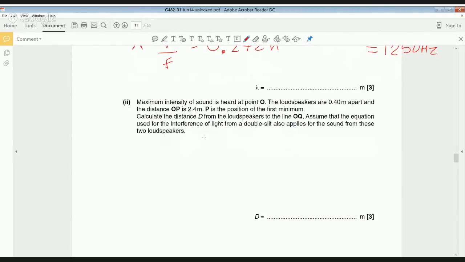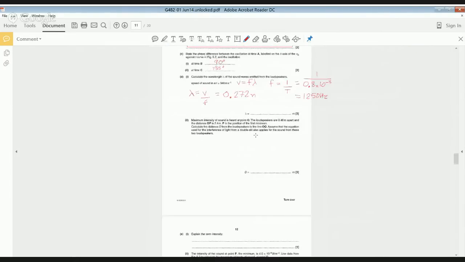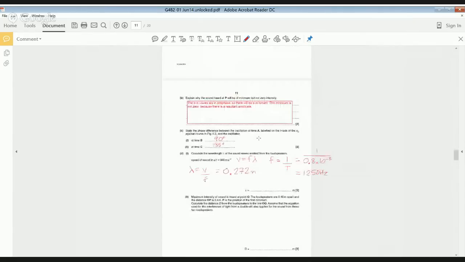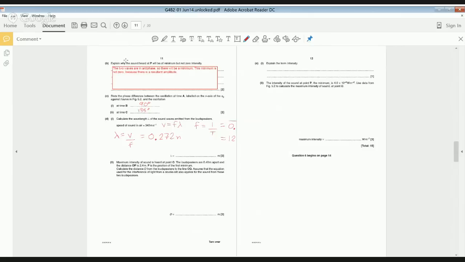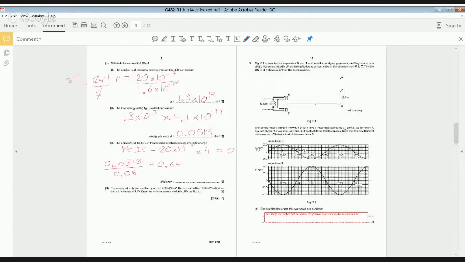The final point here, maximum intensity of sound is at point O. The loudspeakers are 0.4 meters apart, and the distance OP is 2.4 meters. P is the position of the first minimum. I'm just going to zoom out so we can try and view.